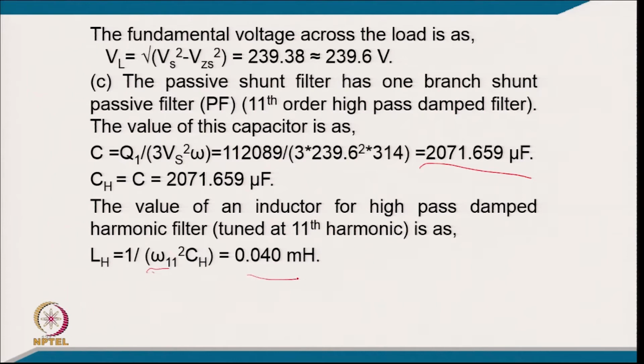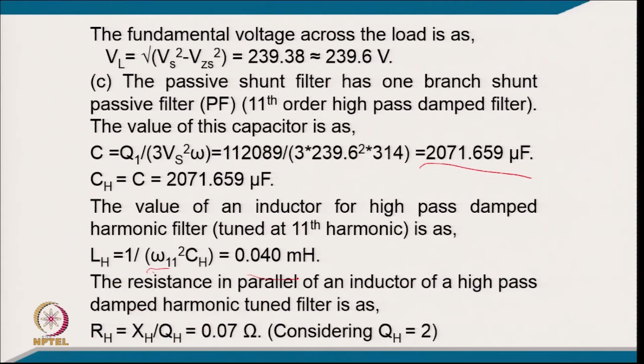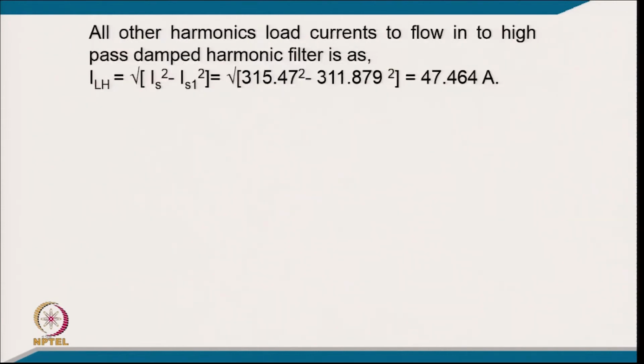So, it comes 0.040 millihenry, and the damping resistance in parallel with the inductor for the high pass filter is Xh upon Qh. So, taking a quality factor of 2, it comes 0.07 ohm, and all the other harmonic load current flows into the high pass damped filter. So, ILH is equal to root of Is square minus Is1 square.